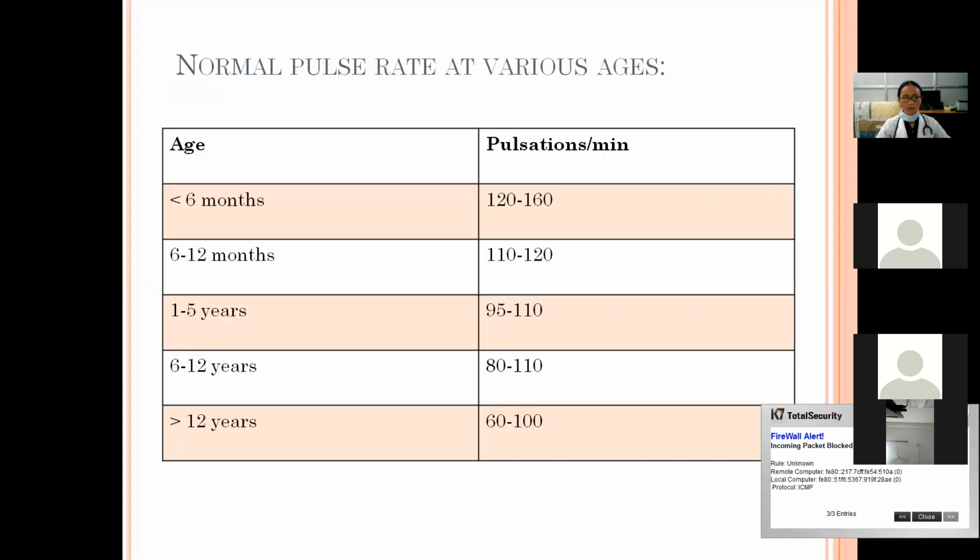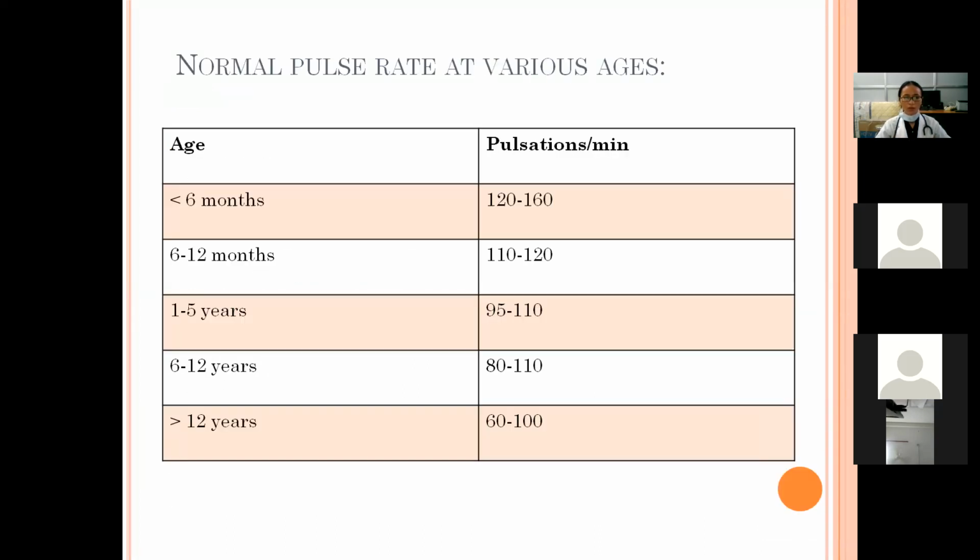The normal pulse rate varies at various age groups. This table indicates the normal pulse at various age groups. At less than 6 months, the normal pulse is 120 to 160. At 6 to 12 months, it is 110 to 120.